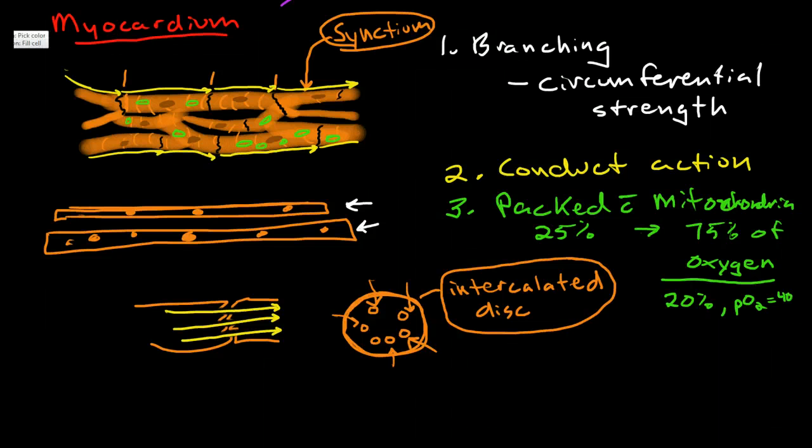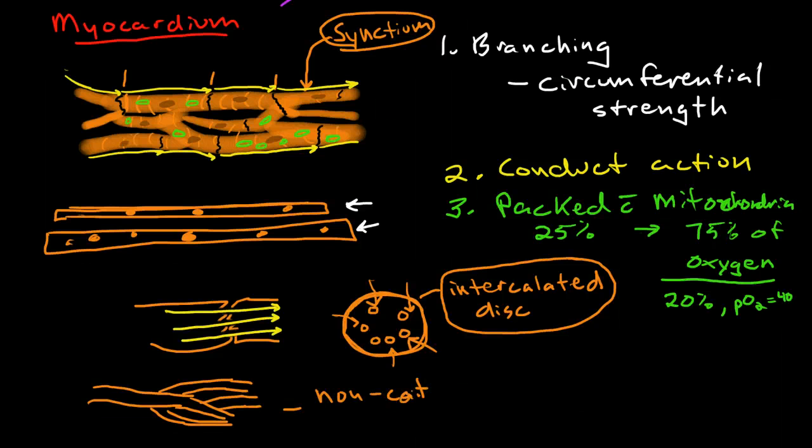Now there are some myocardial cells that have no actin and myosin in them, and they tend to look very pale when you look at them. They have the same exact branching structure and the same sort of intercalated discs, but they don't have any ability to contract.